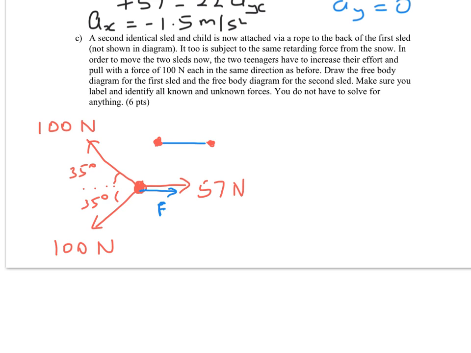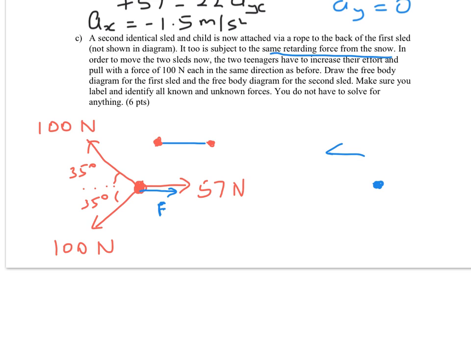Okay, now that's the first sled. Now let's look at the second sled. Now the second sled, you're told, experiences the same effect from the snow, right? Same retarding force from the snow. Therefore, you know that it is going to move in the forward direction.